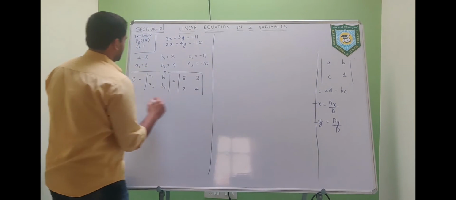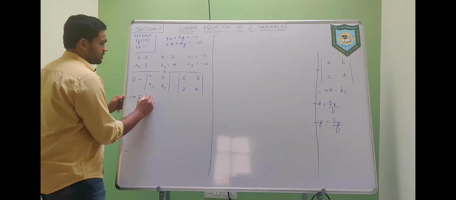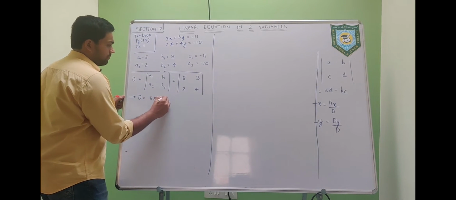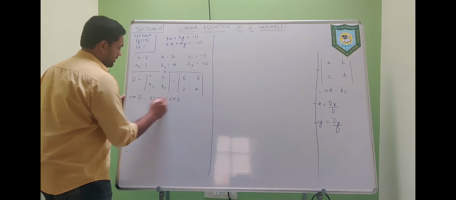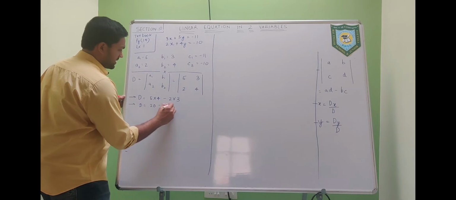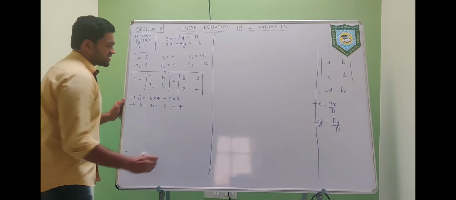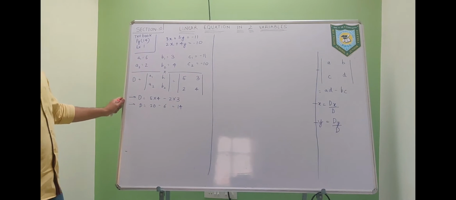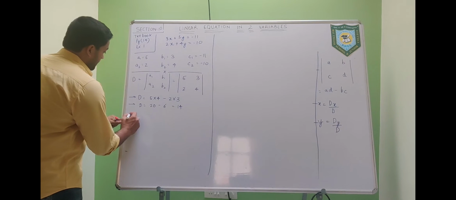Using the determinant method, I get D is equal to 5 times 4 minus 2 times 3, which implies D is equal to 20 minus 6, which is equal to plus 14. So now I have my D value as plus 14.